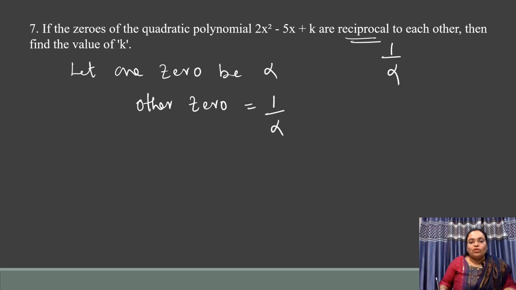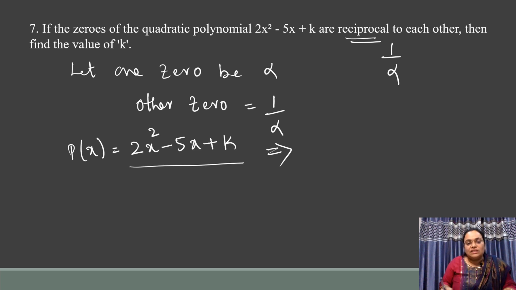So, what is the polynomial he has given? P of x, comparing this polynomial with the general form, you will get a = 2, b = −5 and c = k. So, we need to find the value of k.